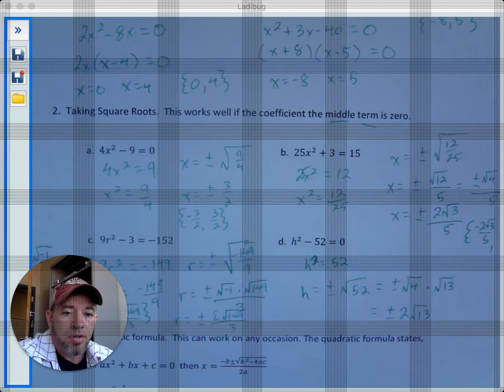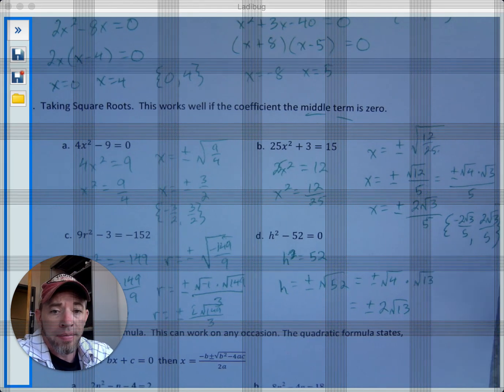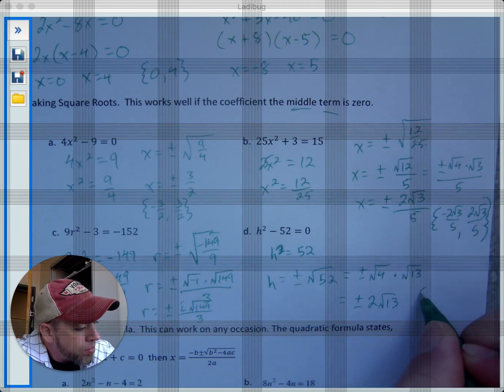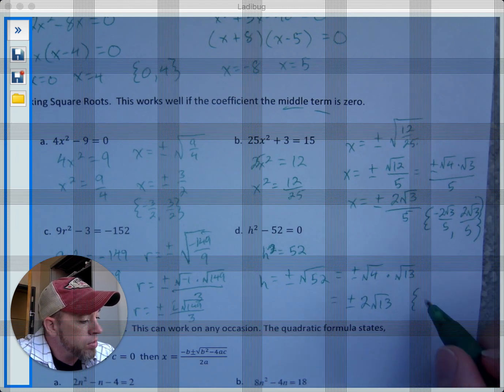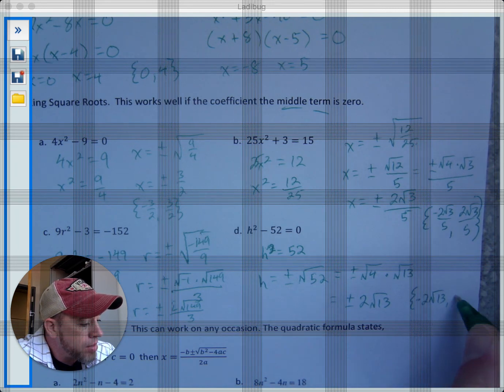And so those are our solutions, positive 2 square root of 13 and negative 2 square root of 13. And we have our set symbol, so negative 2 square root of 13, positive 2 square root of 13.